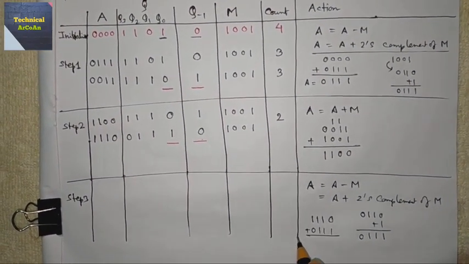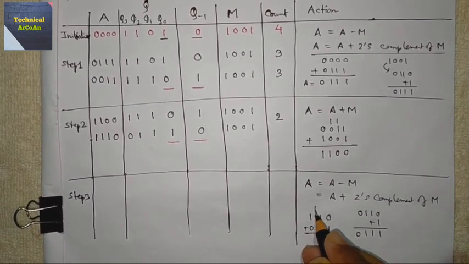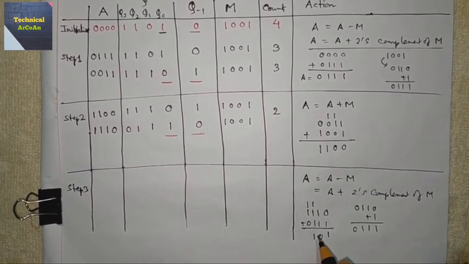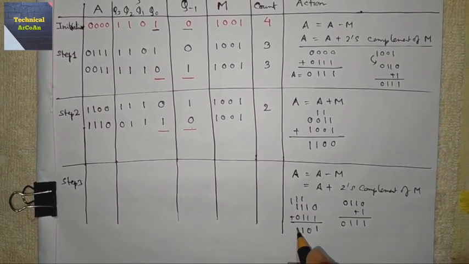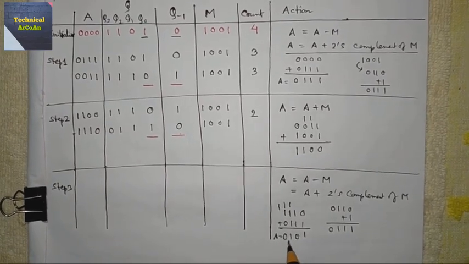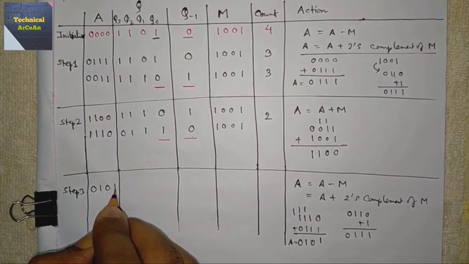Okay, and if we add that, what do we get? 0 plus 1 is 1, 1 plus 1 is 0, carry 1, 1 plus 1 is 0, and 0 plus 1 will be 1, 1 plus 1 will be 0, and 1 will be there, so 0 plus 0 will be 0. So the new A will be 0 1 0 1. So we write there 0 1 0 1. Clear?